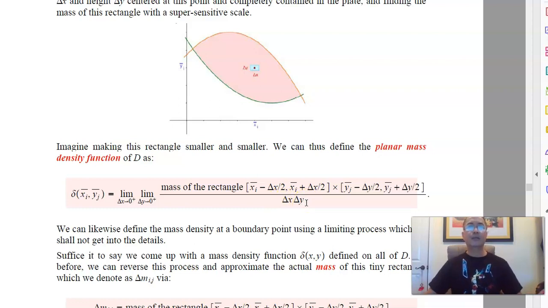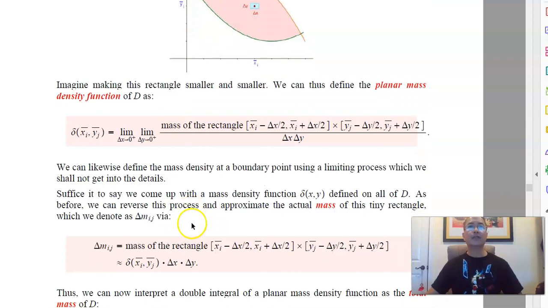And then here's the tough part: we're going to take a limit. We're just going to imagine it happening, that we make the width and the height of our little rectangle smaller and smaller. The limit of this ratio is what we call the density function at xy.